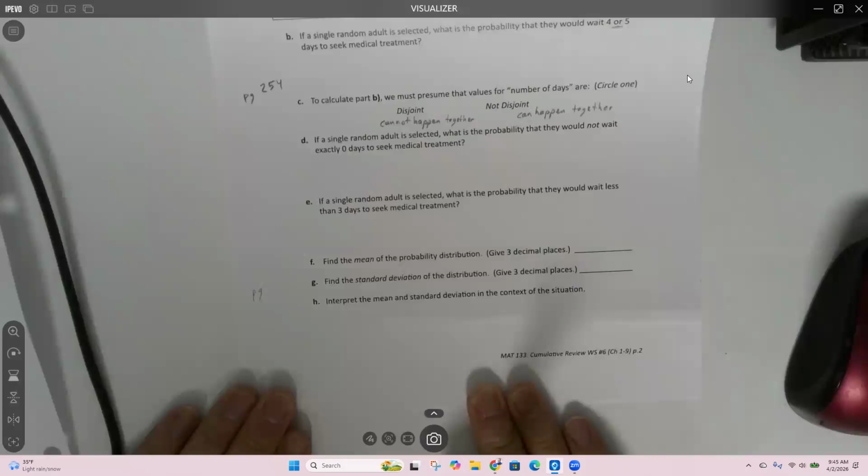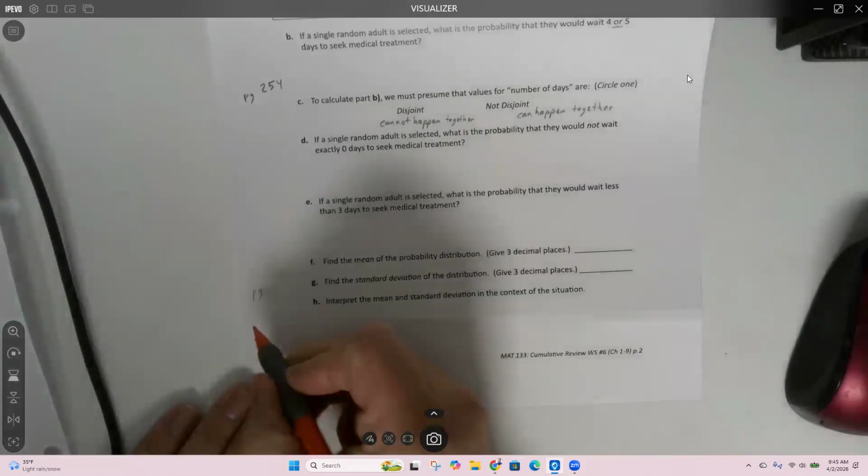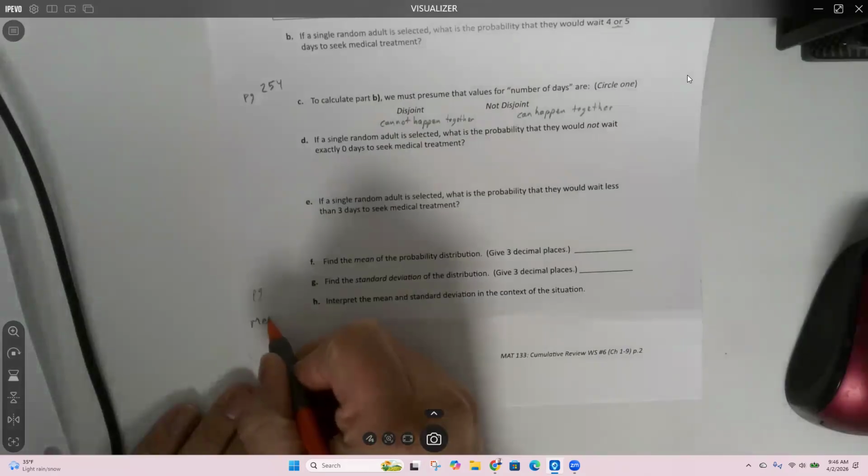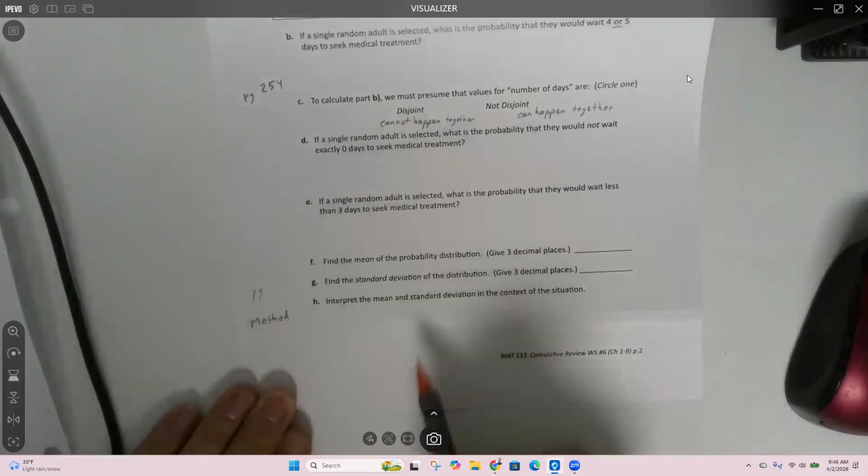Do you remember what page those three methods are on? The next question is going to be which method is it?